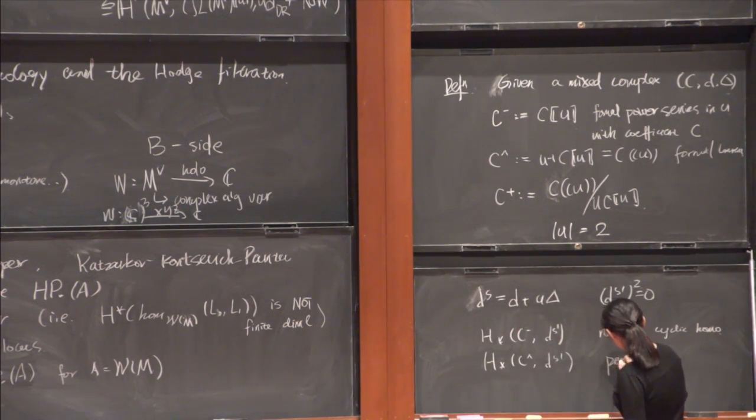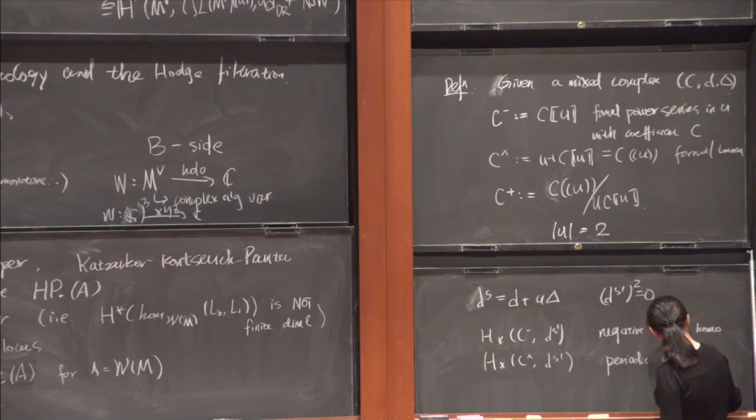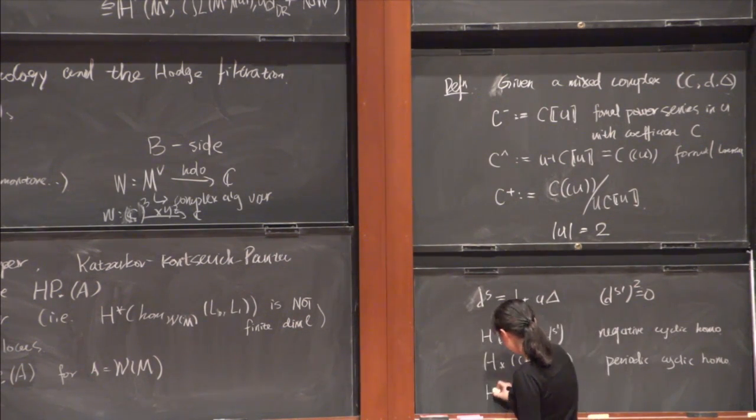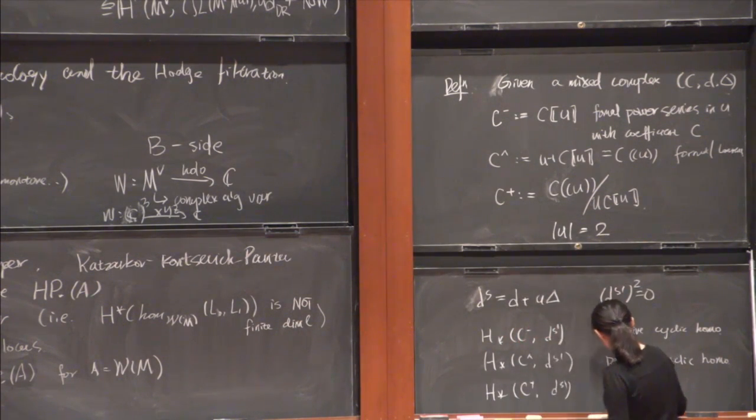The second one is the periodic cyclic homology I was talking about, where you can start to take that example. The last one is just the usual cyclic homology.